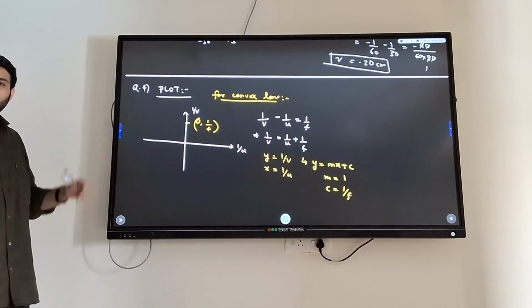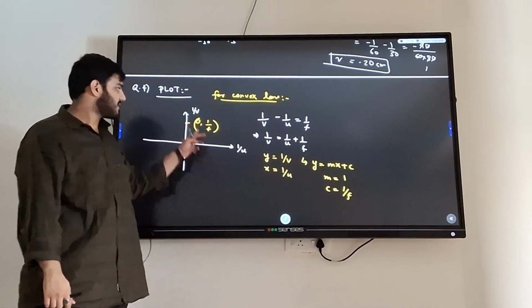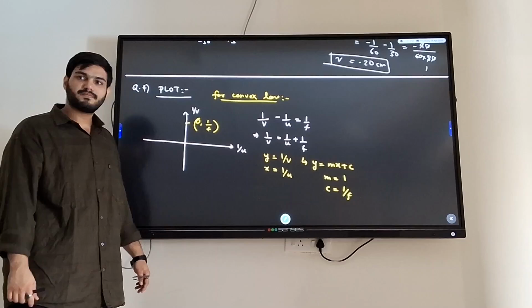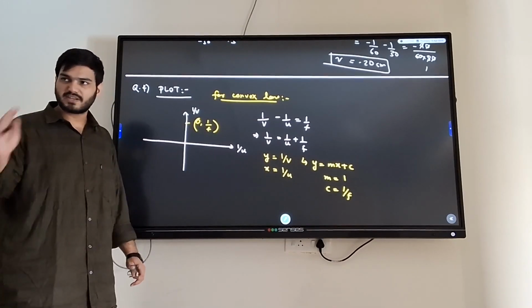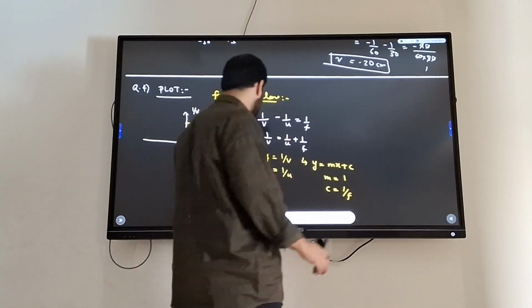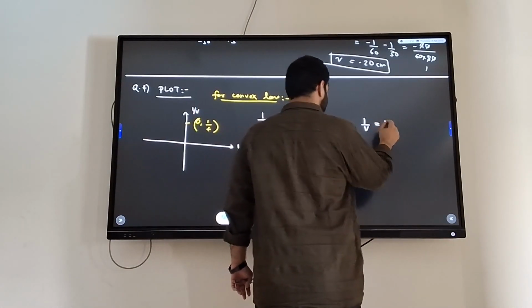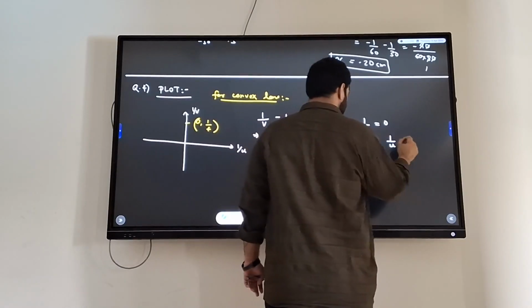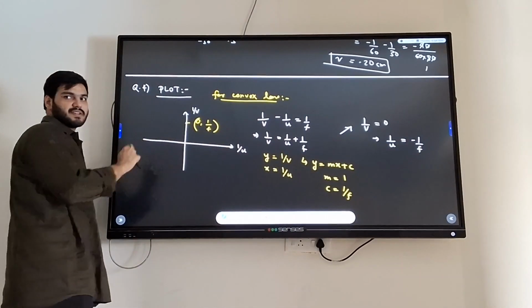What about the x-axis? Where will it cut on the x-axis? For that, I just have to put 1 by v equal to 0. I want to find the x coordinate at which it will cut the axis. So 1 by v equal to 0, guess what? 1 by u equal to minus 1 by f. So will it cut the positive x-axis or the negative x-axis?